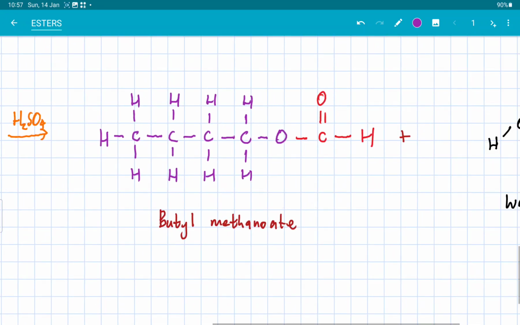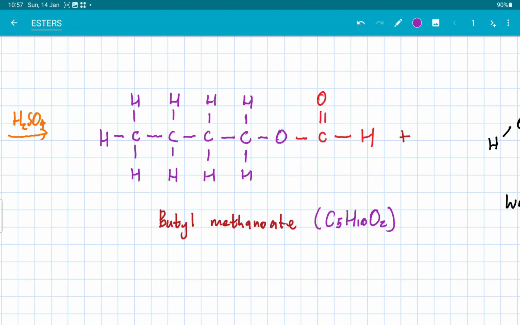This one, what will it be? If you look at the molecule, butyl is 4 plus meth is 1. That means it is having 5 carbons. So it will be C5 H 2 times 5 is 10 O2. It happens to have the same molecular formula as the other one. I will explain later, because these molecules have the same molecular formula but different structural formulas.